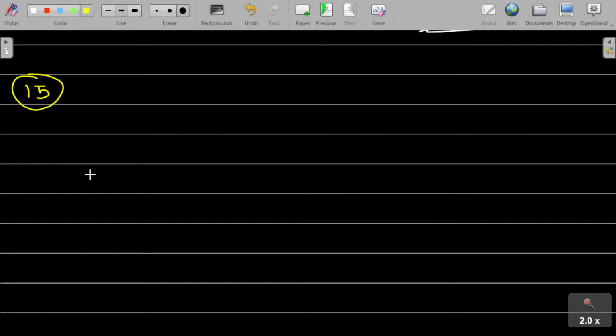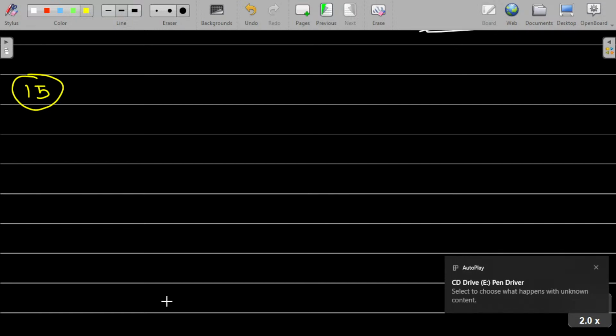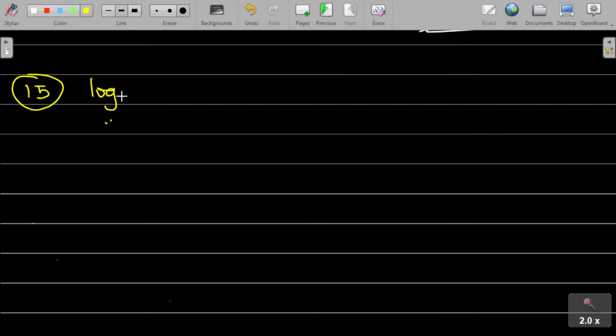It says, what is the D for this sequence? And what's the sequence? The sequence we are given is log of 2, comma, log of 4, comma, log of 16, and then it continued that way.